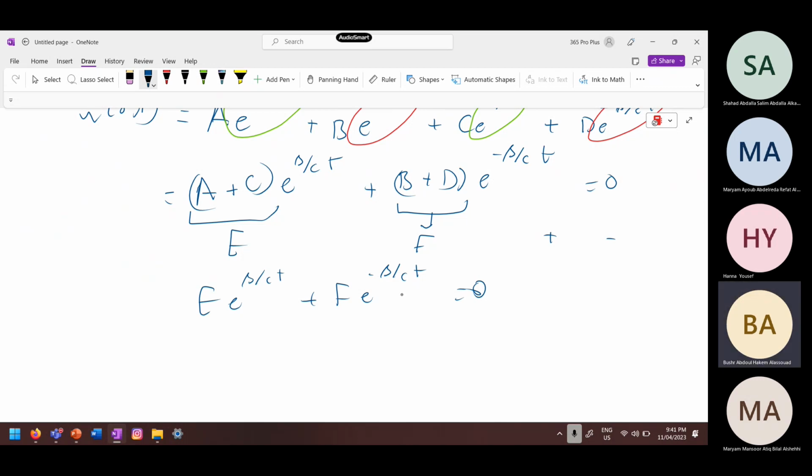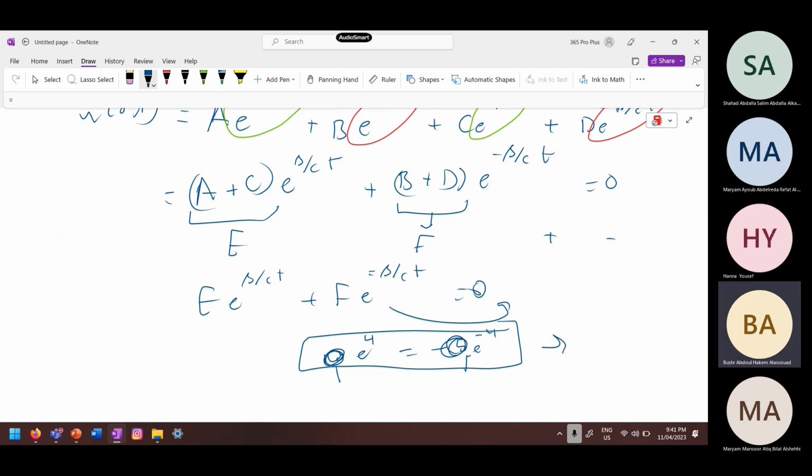Can, let's say, 10 e to the power 4 be equal to negative, since we took this to the other side, negative maybe 5 e to the power negative 4? If you played with the constants, do you get any answer? No. But if you change the constants to 0, yes, it's 0 plus 0 equal to 0.